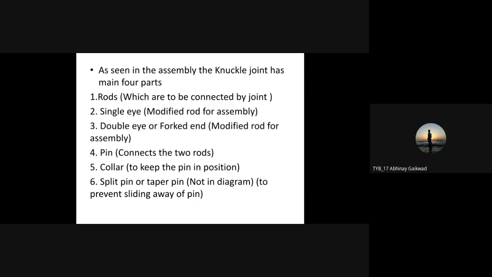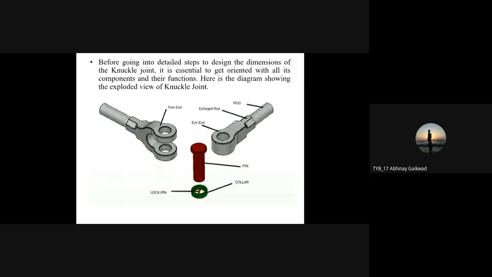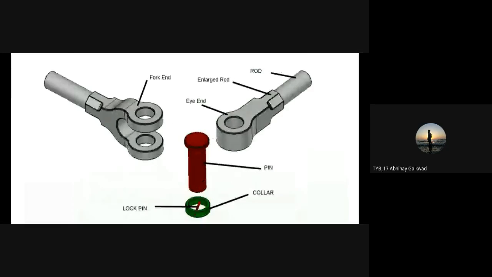We are going to provide the pin in between, and later on, to restrict the motion of that pin at one end by means of forging, a pin collar has been made on the pin at one end. It is also called the head of that pin. At the other end, we are going to provide one collar, and once we insert that collar, we provide one safety pin also.